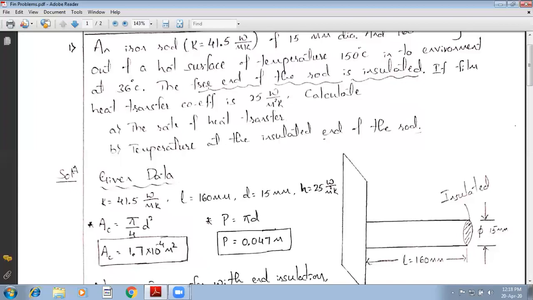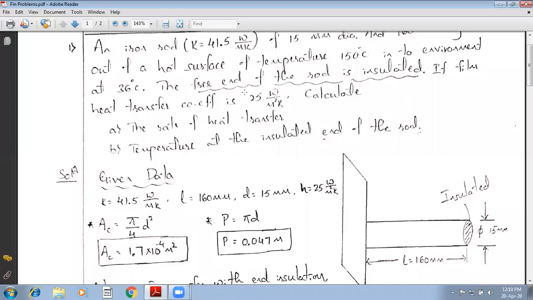In the problem, he has given the free end of the rod is insulated. Now, if you see here, at this point, insulation is applied so that no heat is transferring from the end. Now, if you consider this as the case, from our previous classes, we will come to know that this is a fin with end insulation. Corresponding to that condition, you need to take the equations for heat transfer as well as temperature distribution.